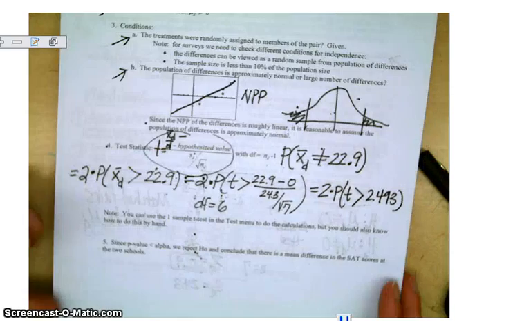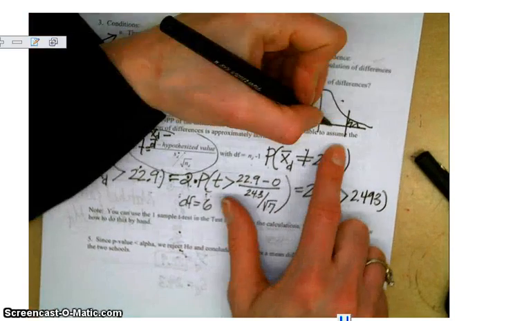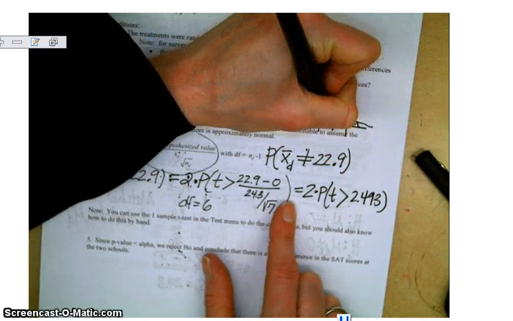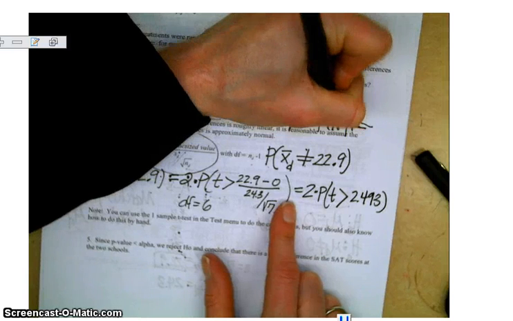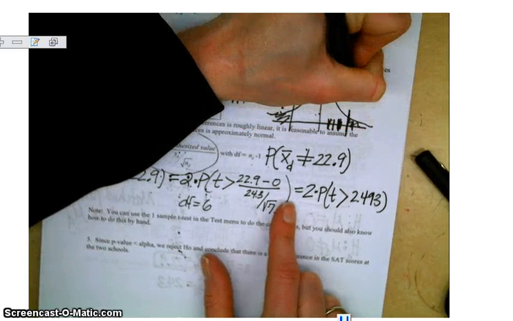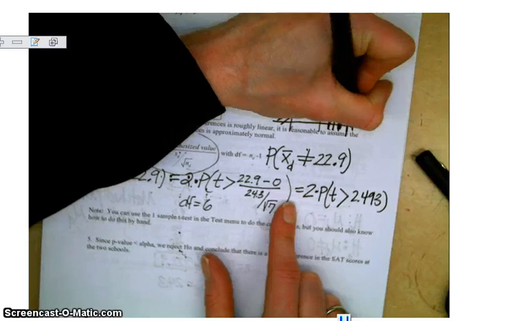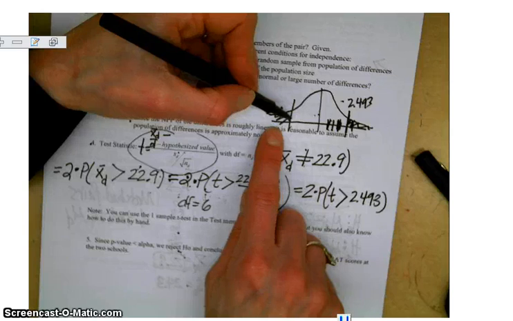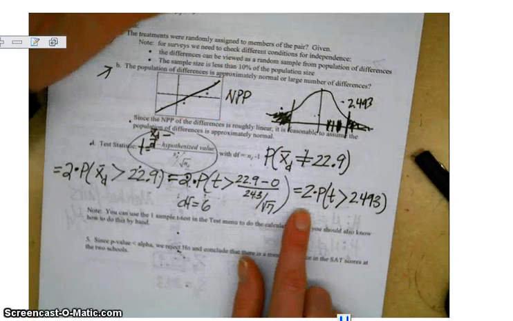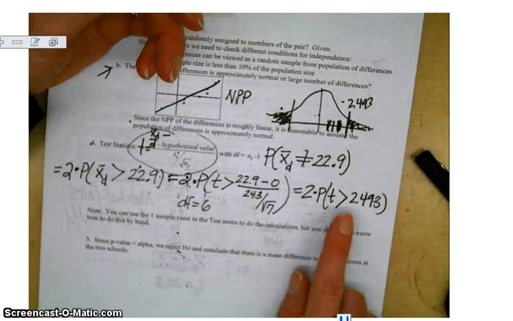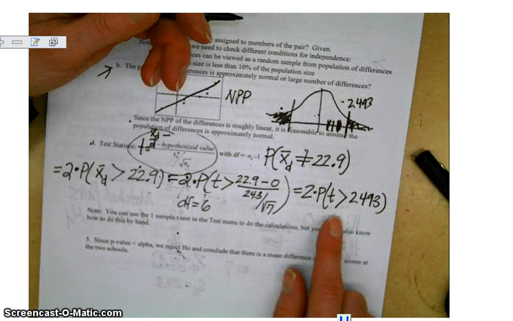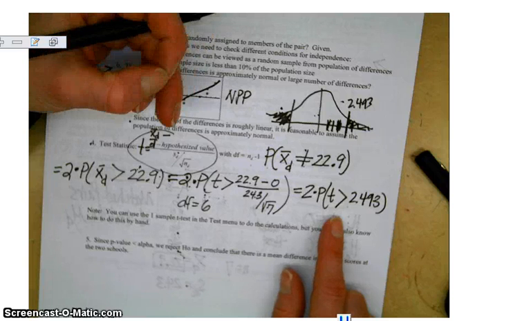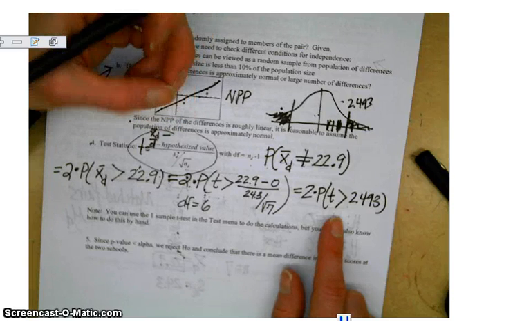2.493. Now, if we go up to our picture, this would be 2.493. And we want to know what's the probability that I'm greater than that, and the negative one too. And that's how we take care of times 2. So now how do I type this into my calculator to get the p-value? You got TCDF.